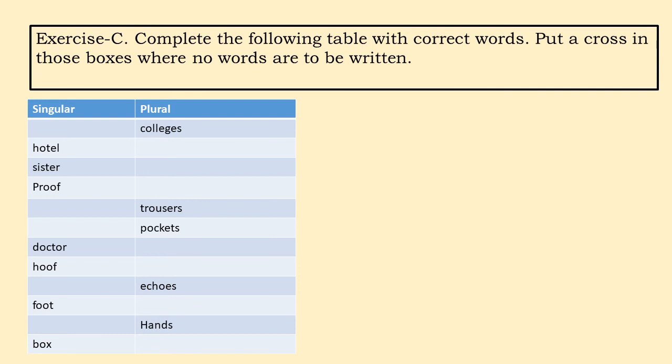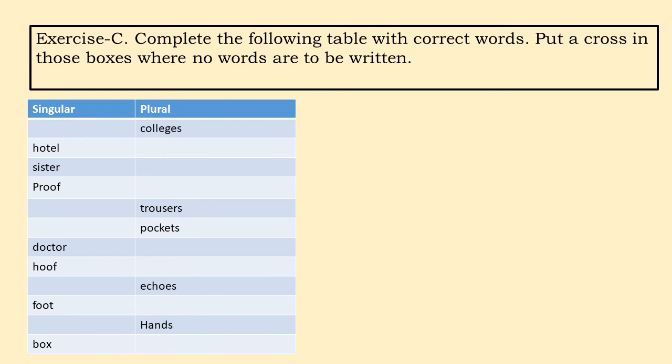In the first row we are given the plural, colleges. So what would you write? College in the singular column. Anyhow, we will be discussing the answers in the next slide. Here you have to just go through the question, what you have to do in this exercise C. When we go to the second row, the word given is hotel, so the plural is to be written by you.